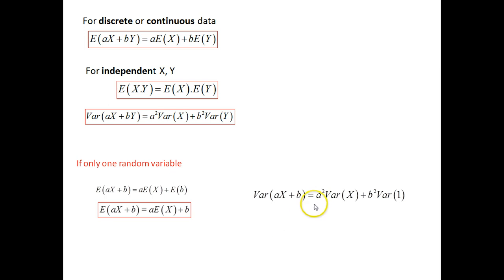While the variance, take the variance in, and I've got a squared times the variance of x plus b squared times the variance of 1. When 1 does not vary, therefore that is 0. So we have only a squared times the variance of x for the variance of the combination. So all those formulas we need to remember.